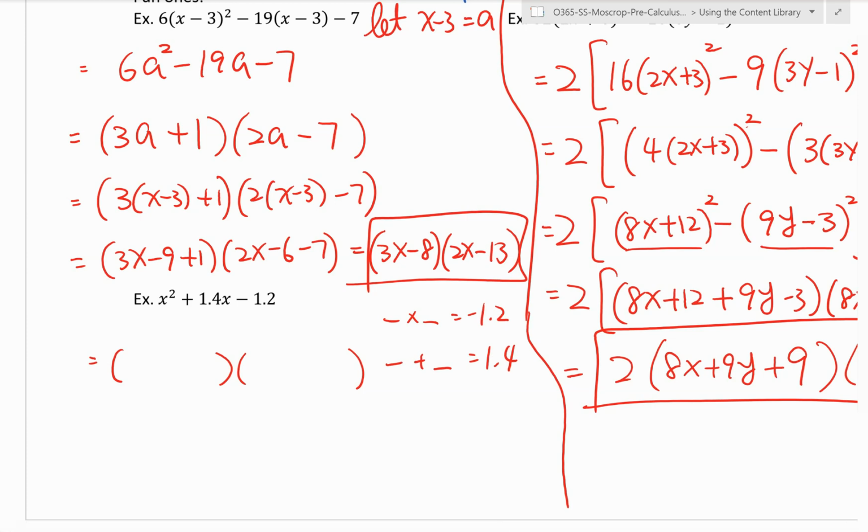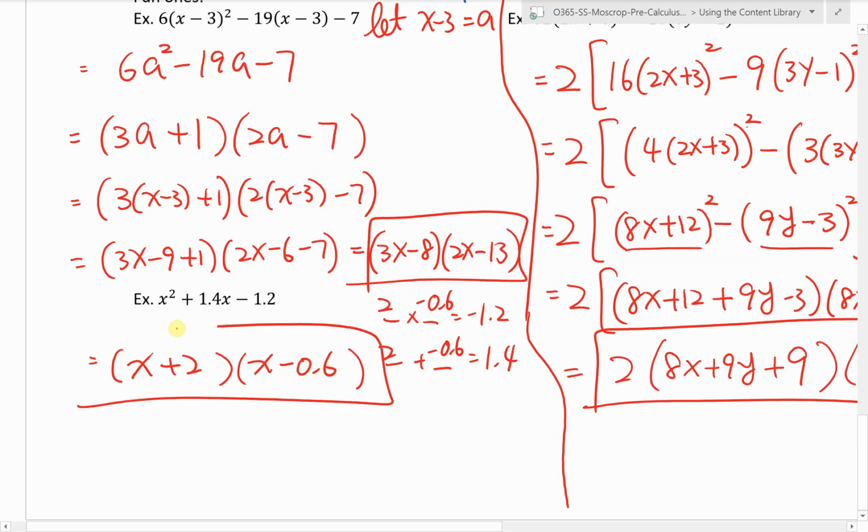Oh, yeah, that's right, we do. It's 2 times negative 0.6. That's negative 1.2. And 2 plus negative 0.6 is positive 1.4. That's right. So your answer is x plus 2, x minus 0.6. That is your final answer. Decimals work the same way as with integers. It's just decimals, that's all.